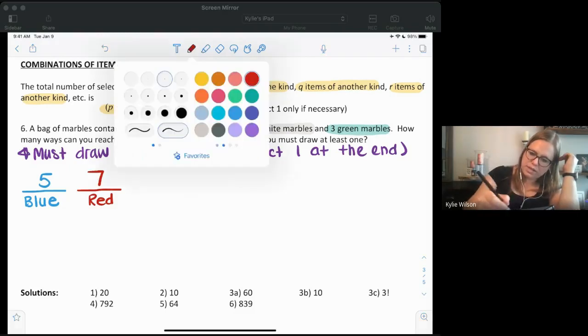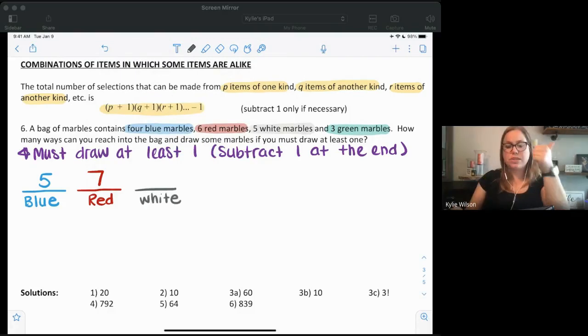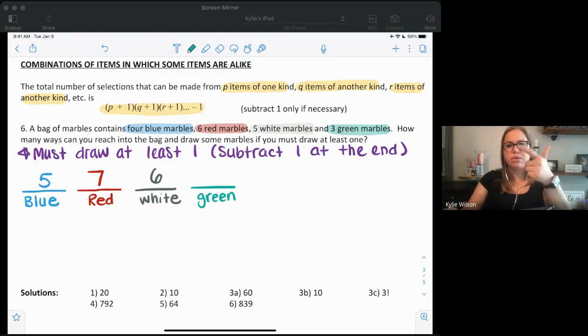For the white marbles, I could choose 0, 1, 2, 3, 4, 5. So 6 options. And for the green, I could choose 0, 1, 2, 3.